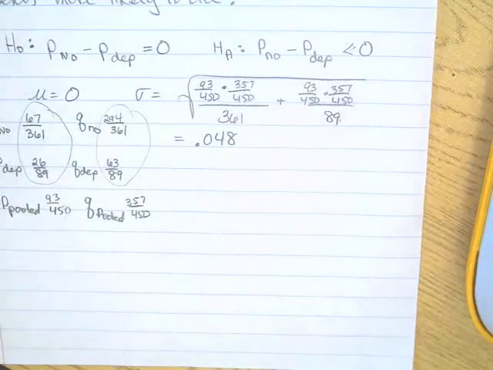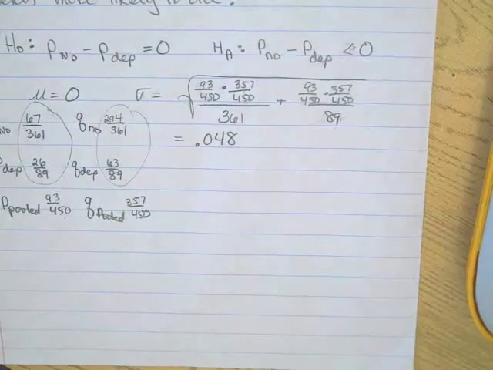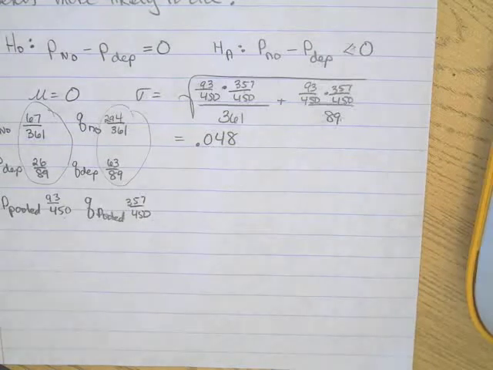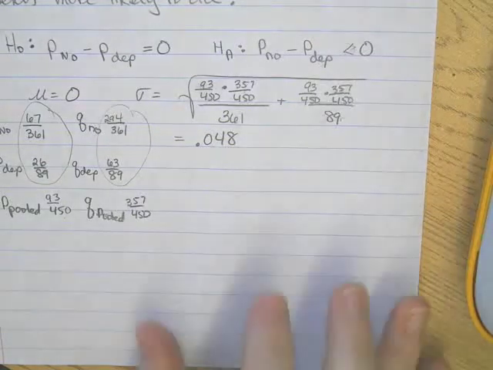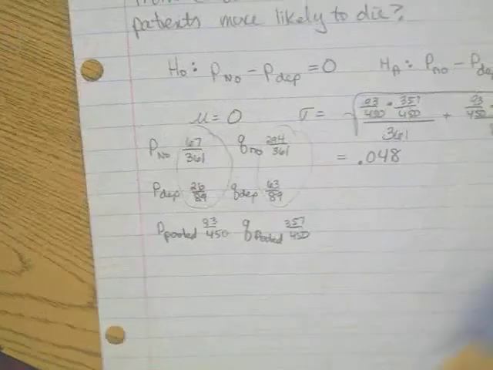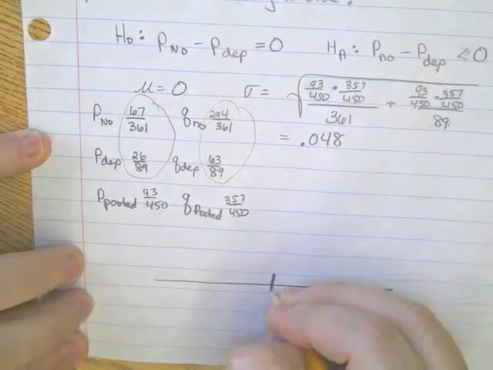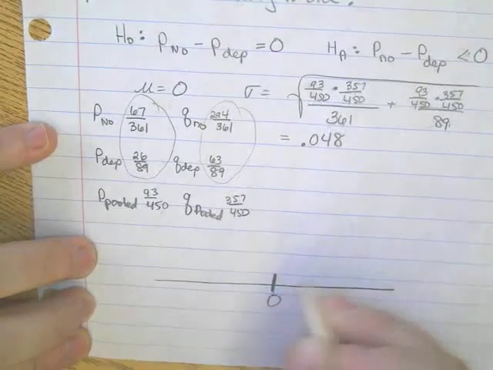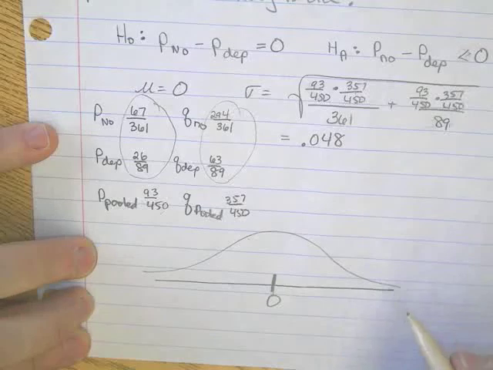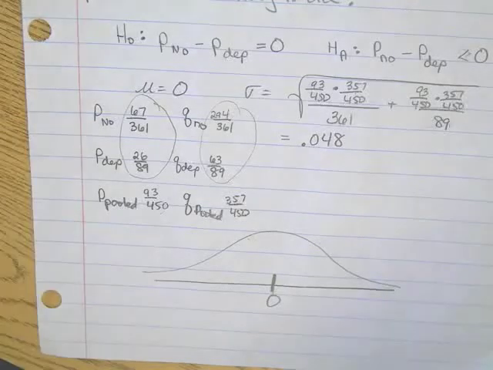And then now what we need to do is we're going to see how often we'll reject the null, okay? And so I'm just going to draw my rough graph. My mean was 0. And I need to find out where this would happen.